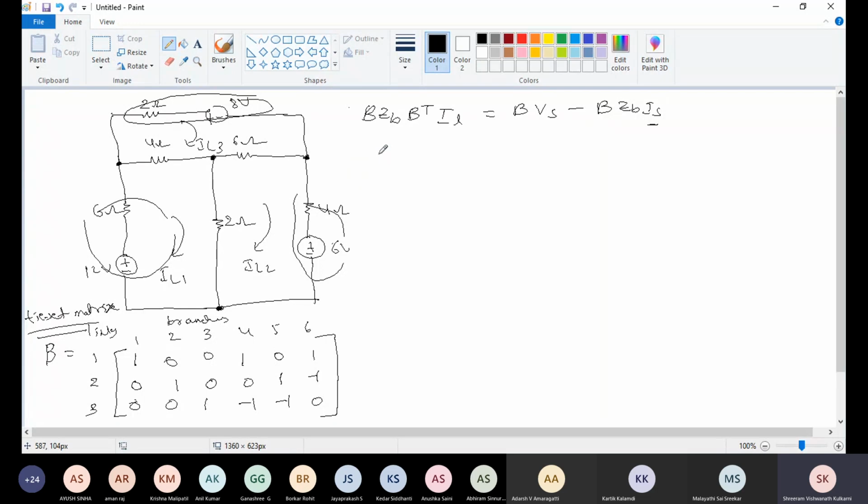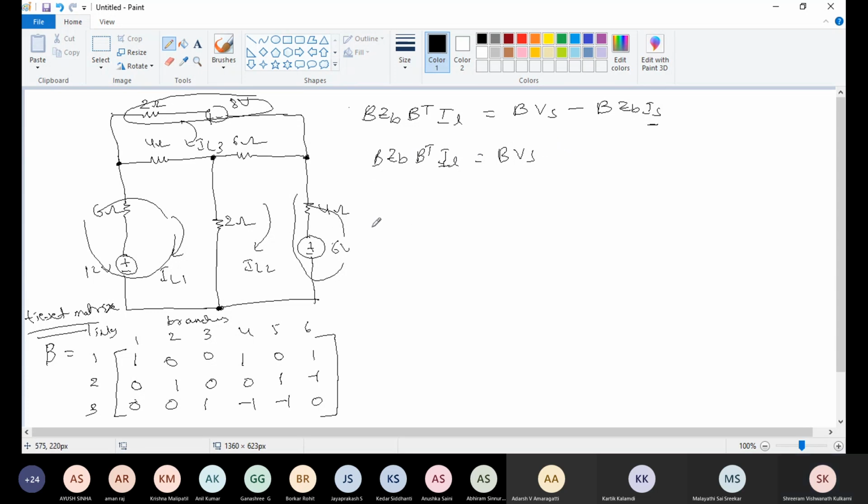Here, with IS equal to 0, we get B ZB B transpose IL equals B Vs. Vs is the source voltage vector, B is the dissect matrix, B transpose is the transpose of that matrix, ZB is the branch impedance matrix, and IL is the loop current matrix. This is my KVL equation.